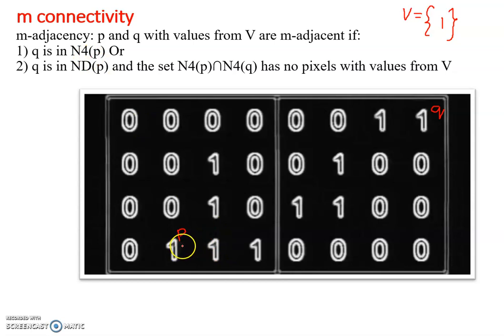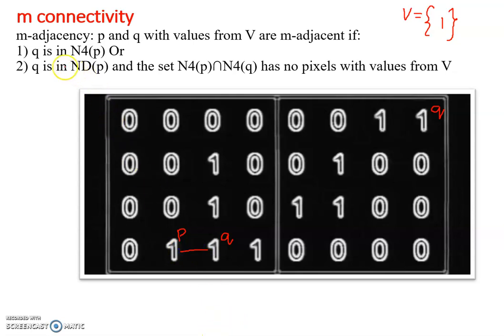So I start from P, and if I mark this as my Q and this is my P, I can mark a connection from P to Q according to the first condition, if Q is in the N4 of P, that is Q is either the horizontal or the vertical neighbor of P. Here Q is the horizontal neighbor of P, so I can do the connection.